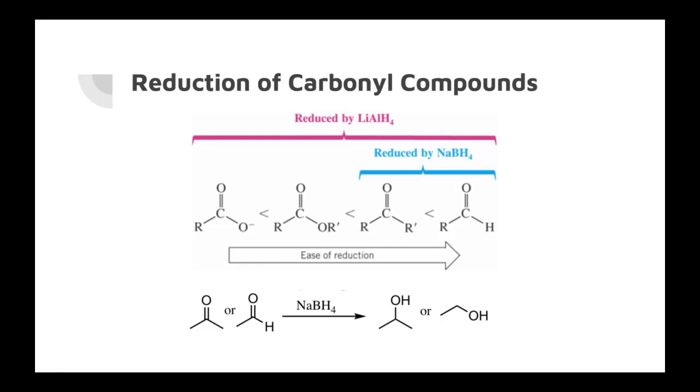NaBH4 will only work on aldehydes and ketones, whereas LAH can work on all of them: aldehydes, ketones, esters, carboxylic acids. And what'll basically happen is you'll remove the double bond and you'll have just an alcohol in place of a carbonyl. So you can kind of see with this ketone how it became a secondary alcohol, and then the aldehyde became a primary alcohol.